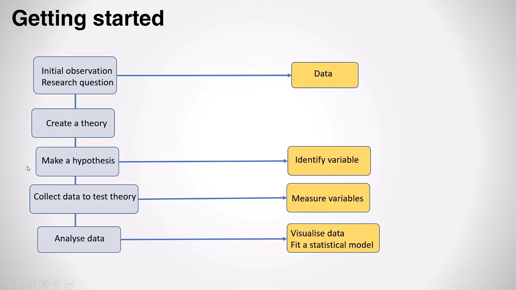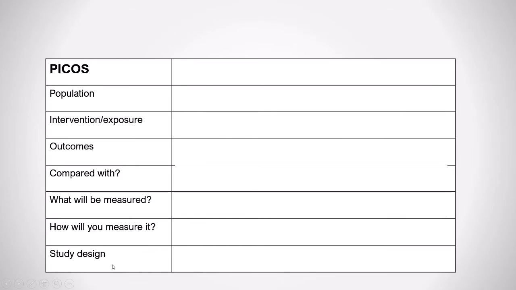So this is just the research process, pretty straightforward. Have a look at what's been done, create a theory, and from that you've got your hypothesis and your null hypothesis. Identify your variables, collect your data, which has already been done, and then analyze it. So it's the designing and the analyzing parts that we'll sort of focus on.